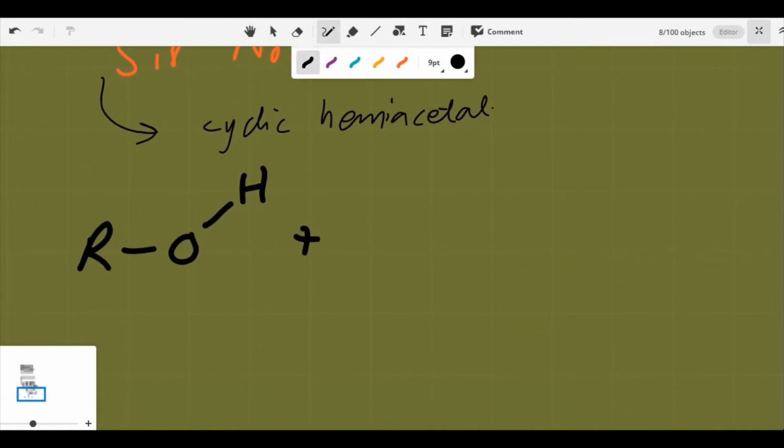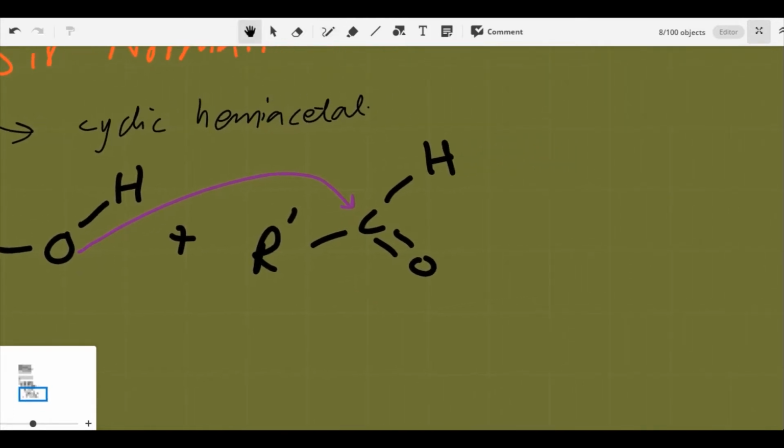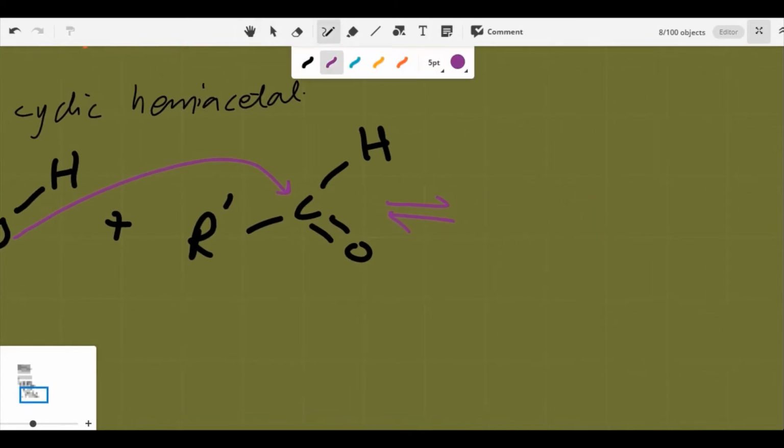I am going to propose a general formula, that is R prime C double bond O H. Here the oxygen will attack the carbon, and it will form a reversible product, because the hemiacetal is a reversible product.